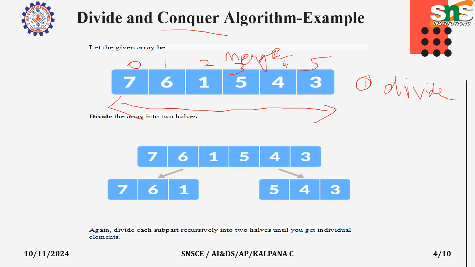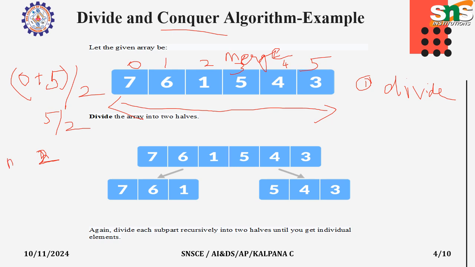The mid position is the first value plus the last value, divided by 2. My first index is 0 and my last index is 5. So 0 plus 5 is 5. 5 by 2 is 2.5, but we are going to take only the integer part, so 2, not 0.5. The whole number 2 is taken.